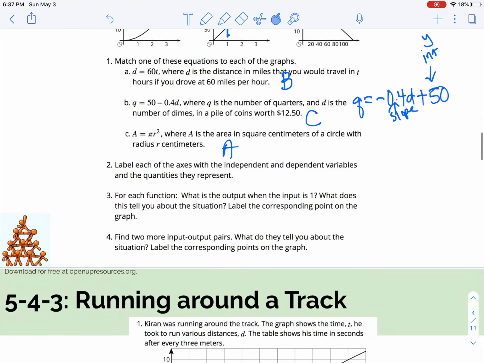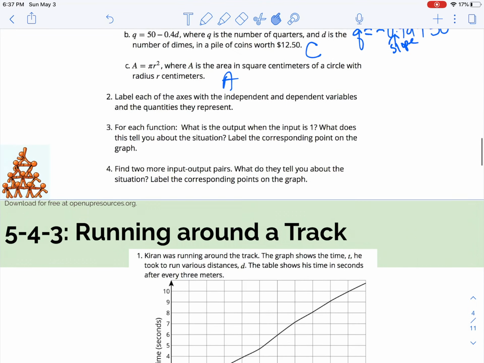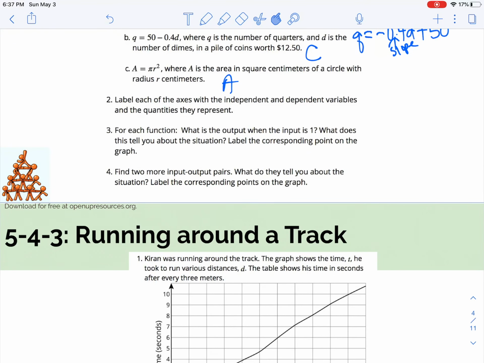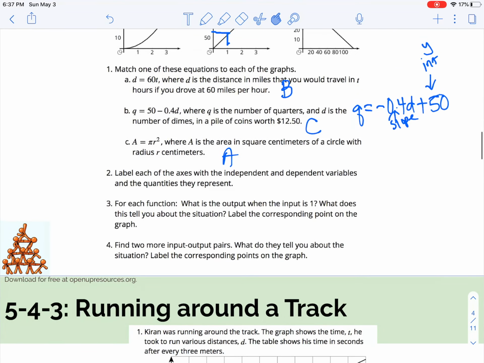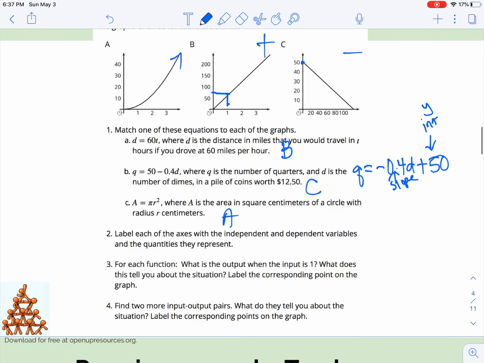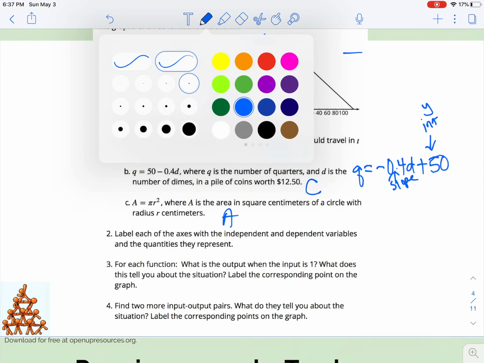Number 2 says label each of the axes with independent and dependent variables and the quantities that they represent. So just as a general rule, and I'm just going to tell you this so you don't have to be confused, you can just memorize this.